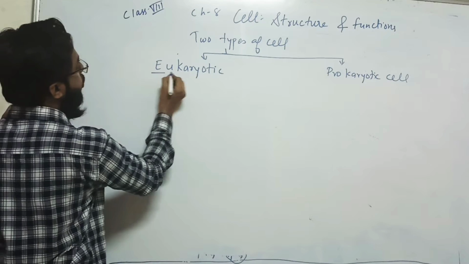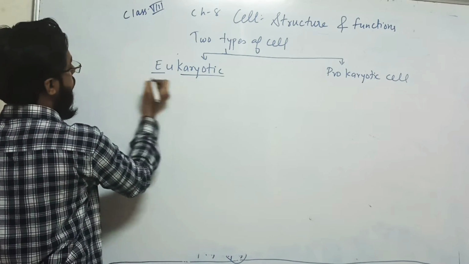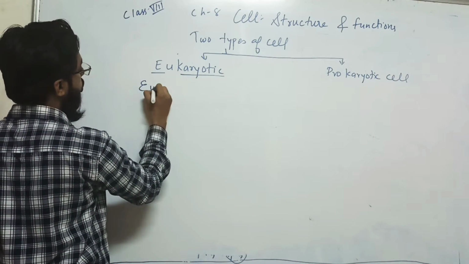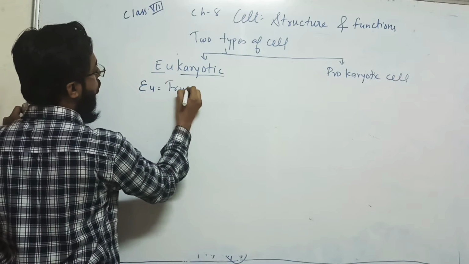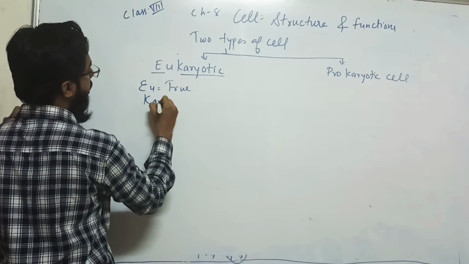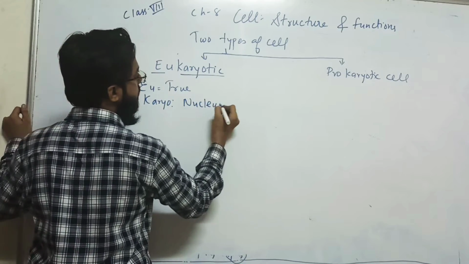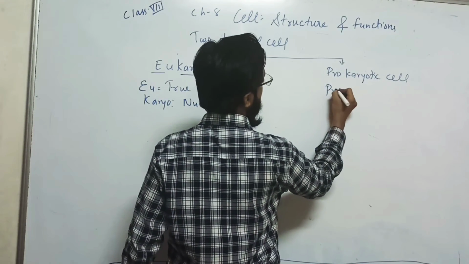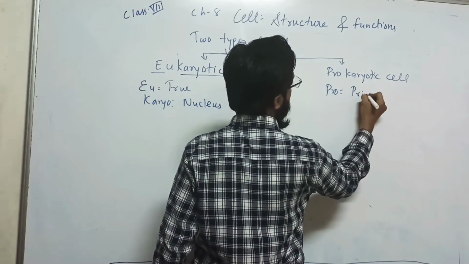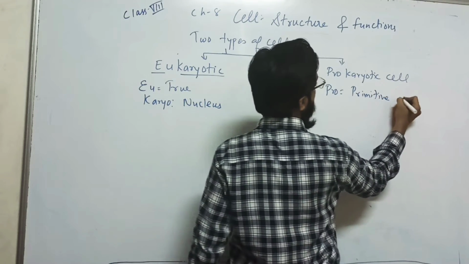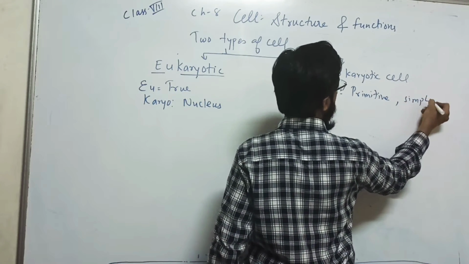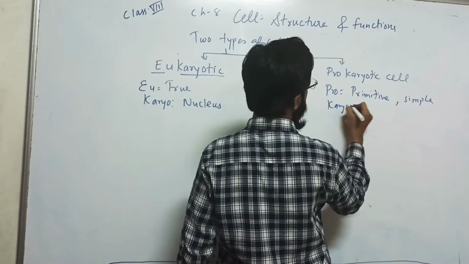Now what do you understand by eukaryotic? These are Greek words. Eu means true, well developed. Karyo means nucleus. Pro means primitive, simple. Again, karyo means nucleus.